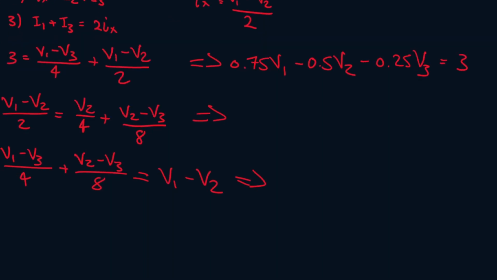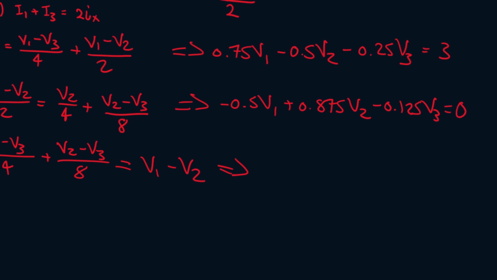The next one, let's bring this whole region to the other side. So it will be minus 0.5 V1 plus 0.875 V2 minus 0.125 V3, and it's all equal to 0.